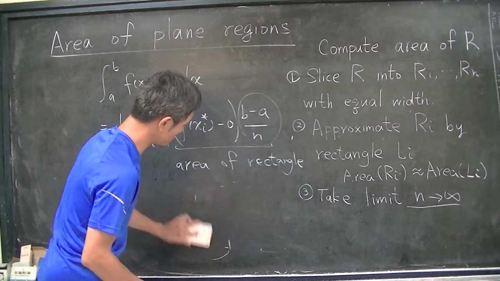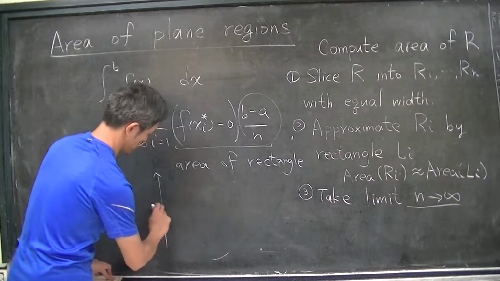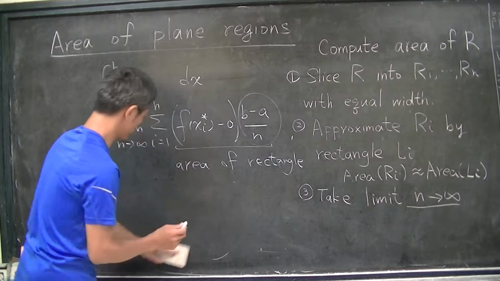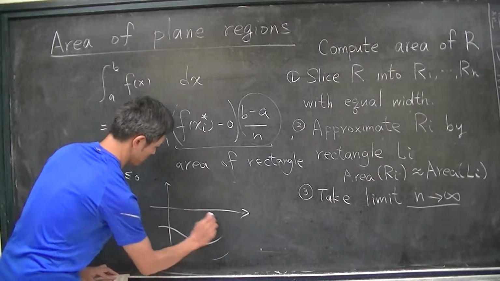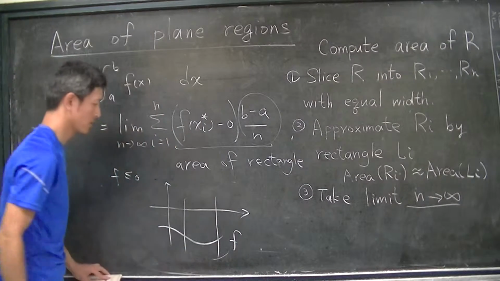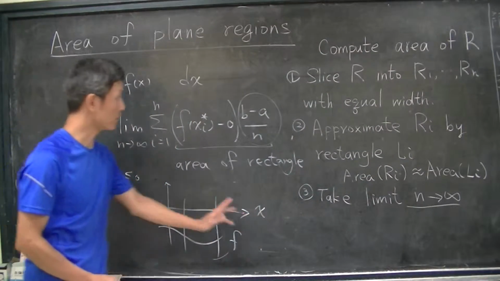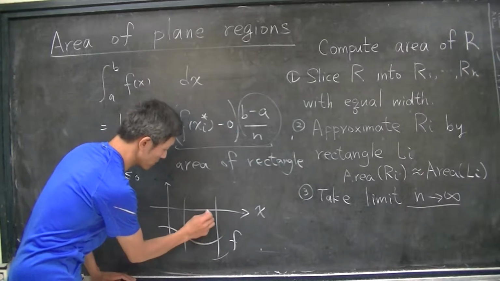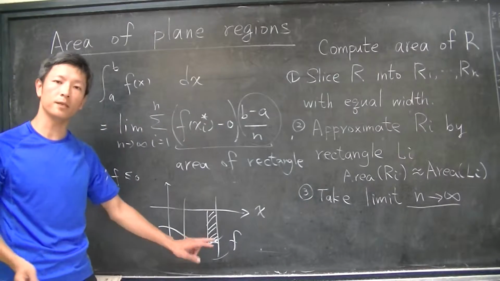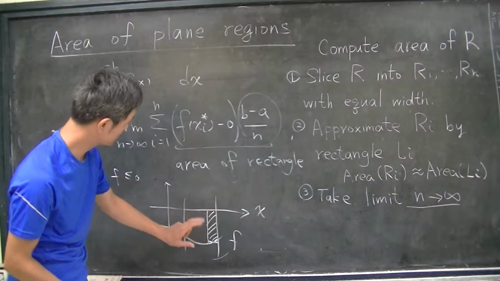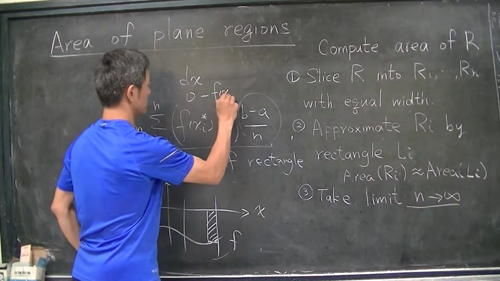Now, if we have more general functions, like if we assume f is negative, now f is below the x-axis. If we use the same idea, we cut into small pieces, and we use rectangles to approximate it. In this case, the height of a rectangle actually is 0 minus f of xi star.